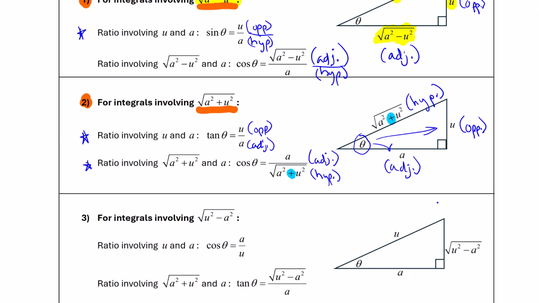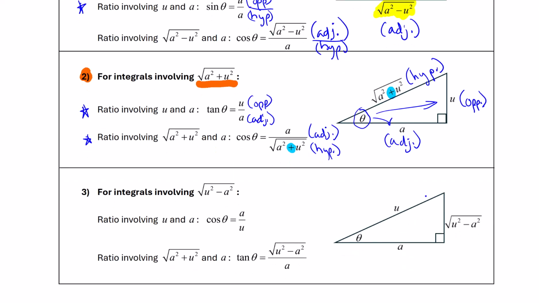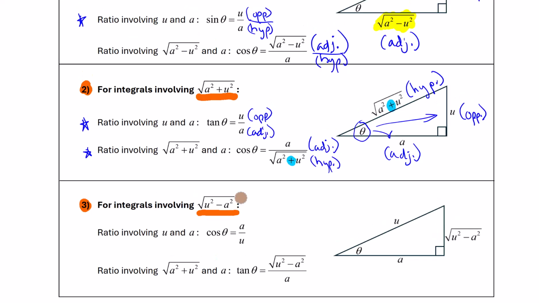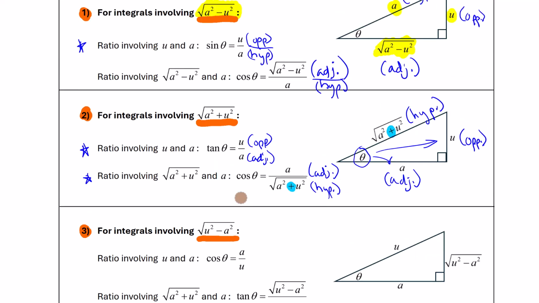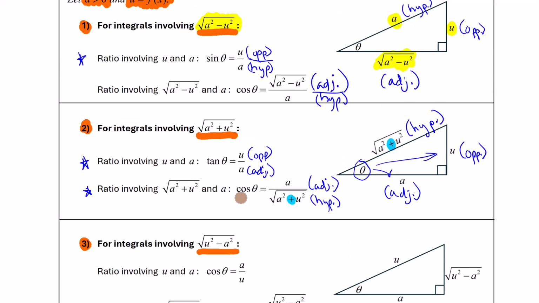Okay, let's keep rolling to our last one, third model. So this time, thirdly, for integrals involving the square root of u squared minus a squared. Now, I know what you might be thinking. Hey, wait, didn't we already see that? No. If you look back up at the first model, there's a key difference.